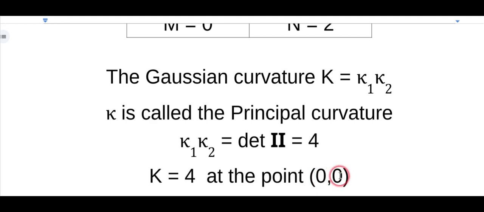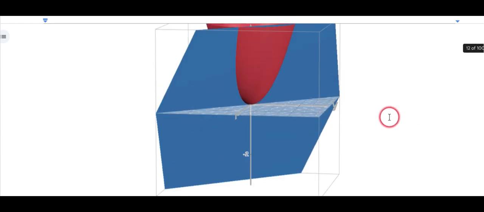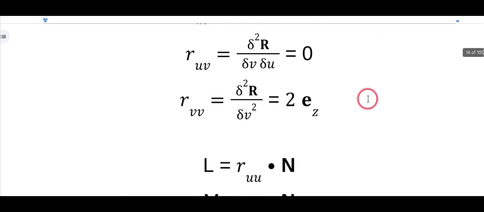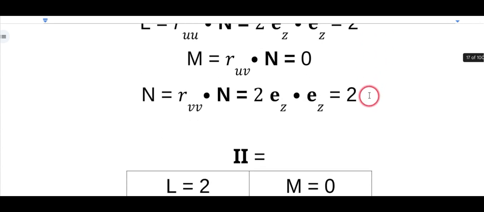So this is giving you the curvature. Let's go all the way back to that picture here. This is giving you the curvature of this paraboloid. So this would be kappa 1, that would be kappa 2. And obviously they're equal, right? So the total Gaussian curvature at that point, now this is important, is 4. For whatever good that is, I'm not sure, but it's 4.